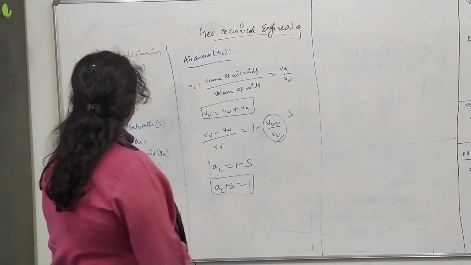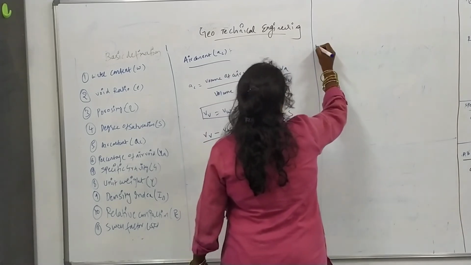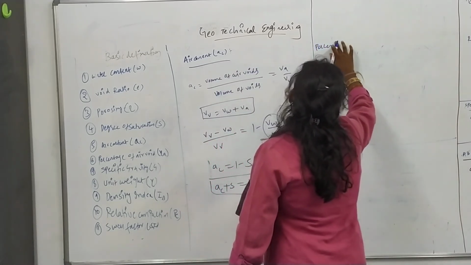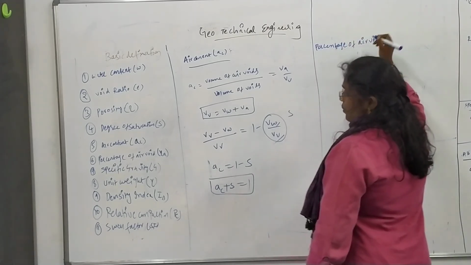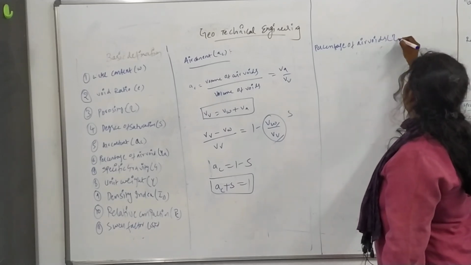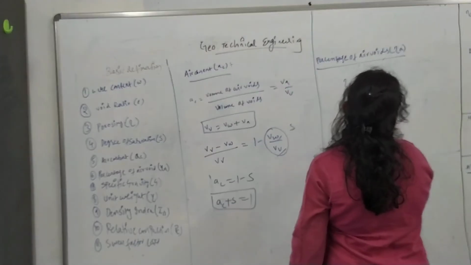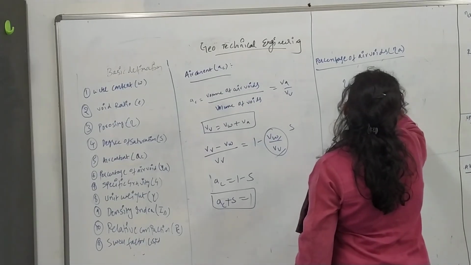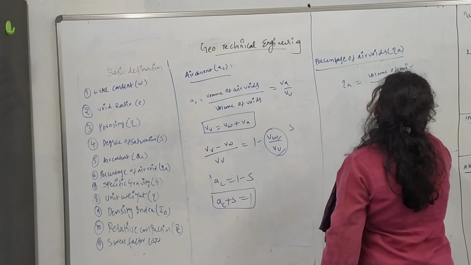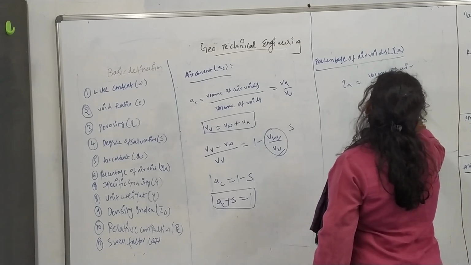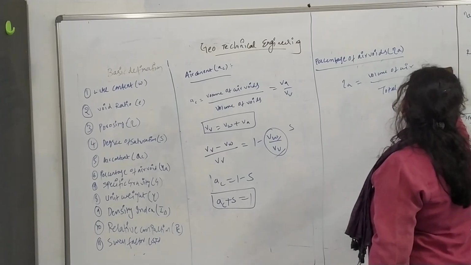Right, next is the percentage of air voids, which is represented with rho suffix a. What is the air voids? Volume of air by total volume, and this is represented in percentage.